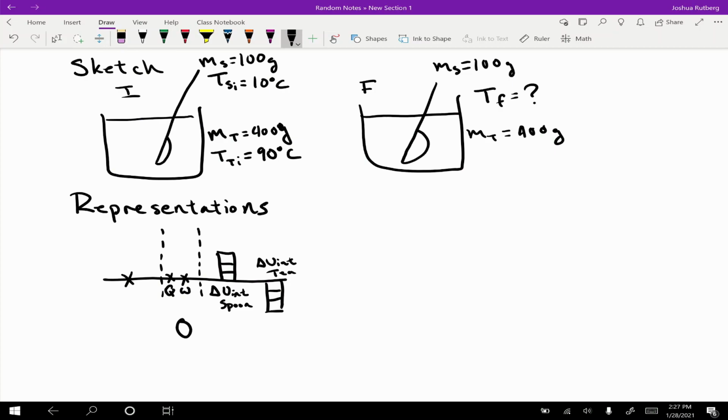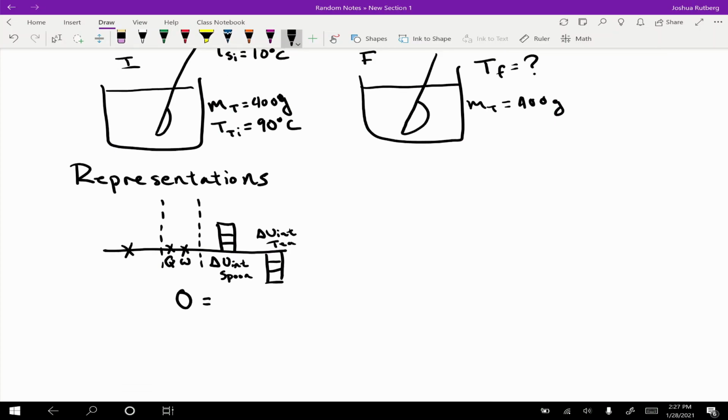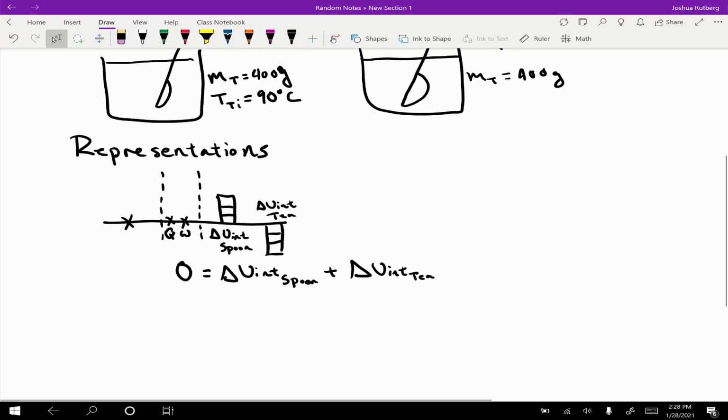So this tells us that the total energy change in the system is 0, which is equal to the internal energy change of the spoon plus the internal energy change of the tea.